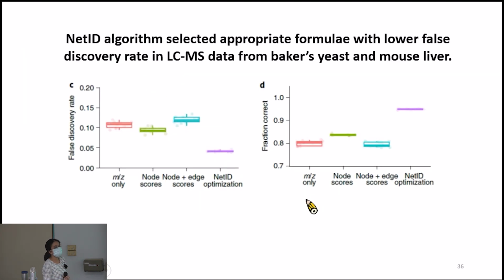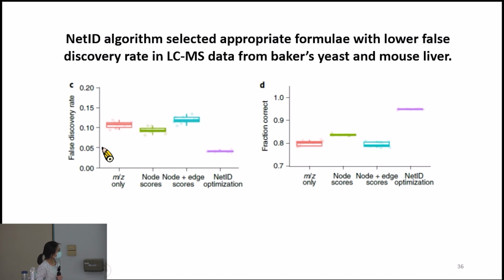So they also confirmed the network availability in yeast or in mouse tissue. So they found that compared to the mass spectrum data only, or the node score only, or the node plus edge score analysis, this NetID optimization can get a lower false discovery rate, which we talked about earlier, that this can really reflect the accuracy of your samples.